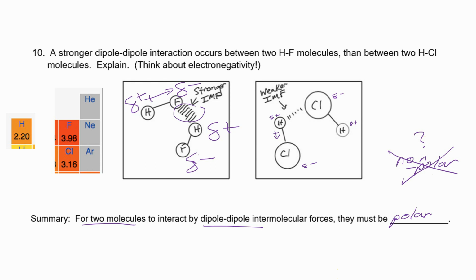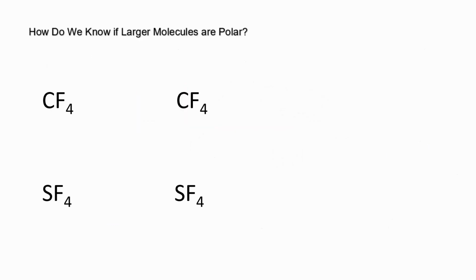And the reason is because, well, look at this. What about larger molecules? If I were to say to you, yes, I know that two carbon tetrafluorides are going to have some kind of intermolecular force between them because all molecules do, just like these two will have some kind of intermolecular force. Will that intermolecular force, in each case, be a dipole-dipole interaction?